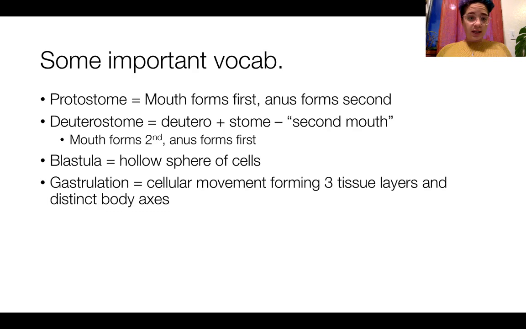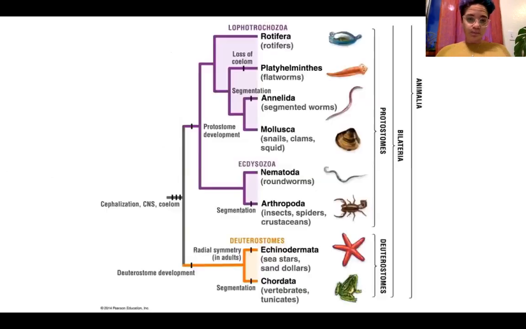After cell division happens many times, the cells start to migrate to the edges and form a hollow sphere of cells. That's before gastrulation starts to happen, so it's like that first step. They all migrate to the outer edges, and then gastrulation can start, which is the cellular movement that forms the 3 tissue layers and distinct body axes.